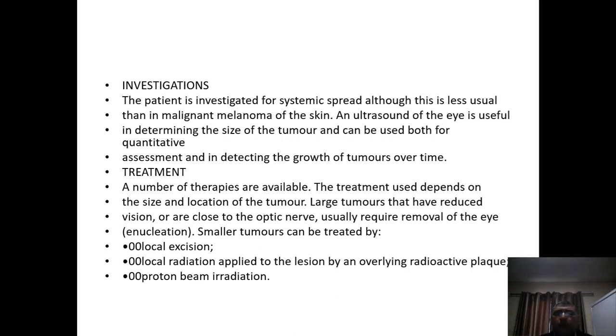Small tumors may be treated with localized excision, localized irradiation, which is radiotherapy, or radiotherapeutic plaques, which are metal plaques with a radioactive substance that is sutured to the surface of the sclera from outside, overlying the tumor area, and this is called brachytherapy, or by radiation with proton beam irradiation.